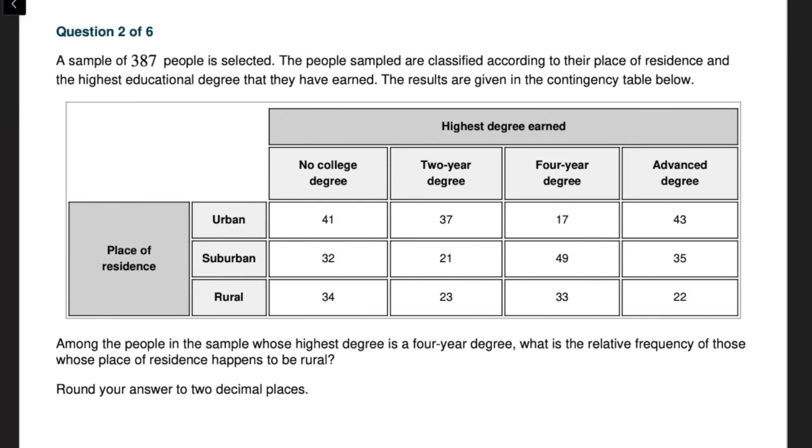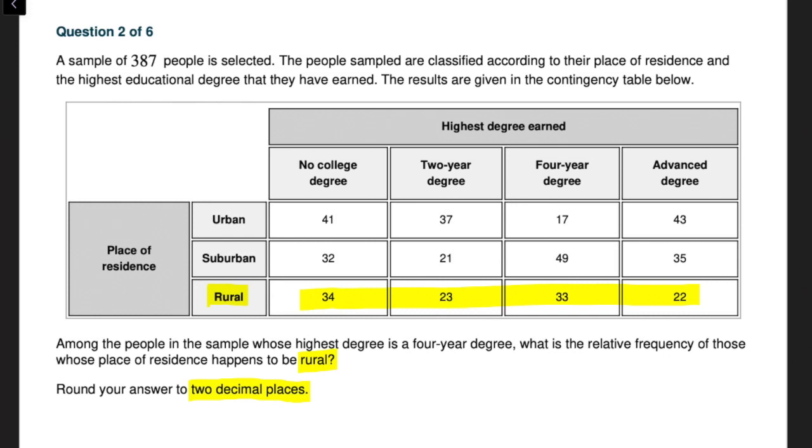Okay, so we are looking again. We're looking for rural. And it says round your answer to 2 decimal places. That's important. So looking at rural, which is right here, we're going to have to go ahead and add all of these numbers so we can get the total of the students that live in a rural area. Okay. Let's go ahead and do that very quickly.